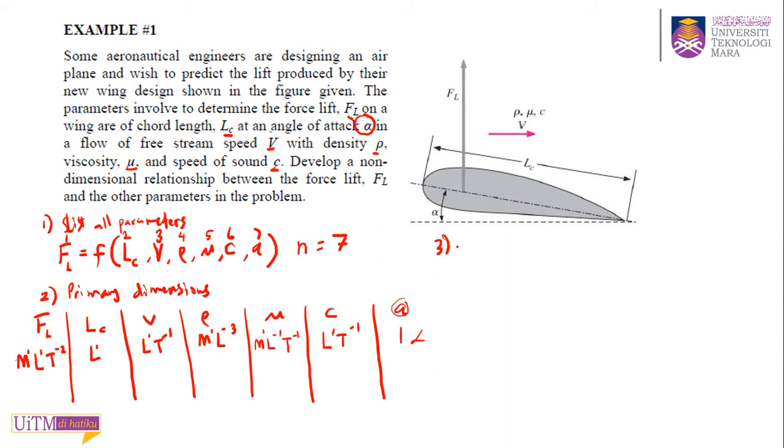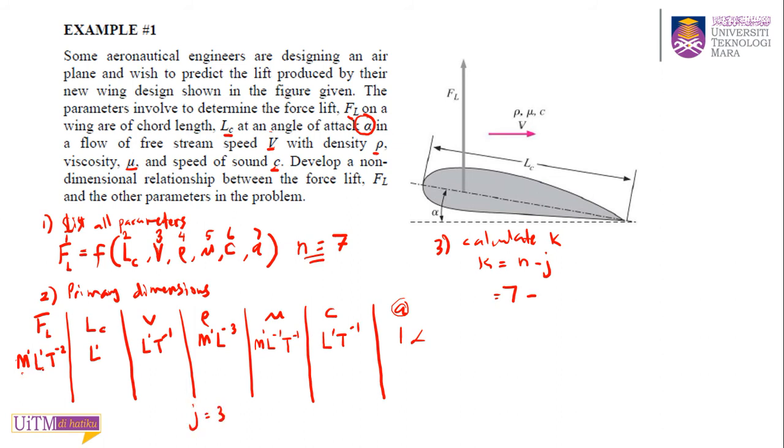And step 3 is to calculate the pi, calculate k, and k is n minus j. Your n, you already obtained, is 7. Minus j. So tell me, what is the value for j? 3.